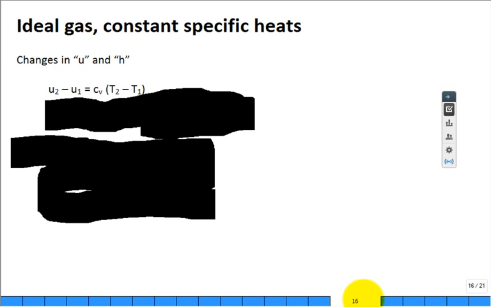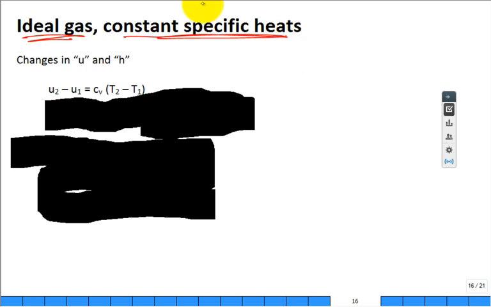Okay. Now we have to remember some things about ideal gases and how to calculate changes in properties like U, H, and S. So somebody says, I have an ideal gas, and it's easy to do constant specific heats. I know variable specific heats, you go to the air table, but simplify it, just go constant specific heat.